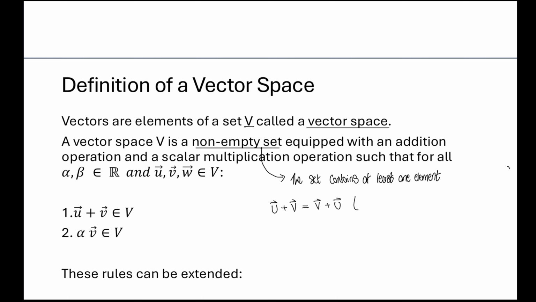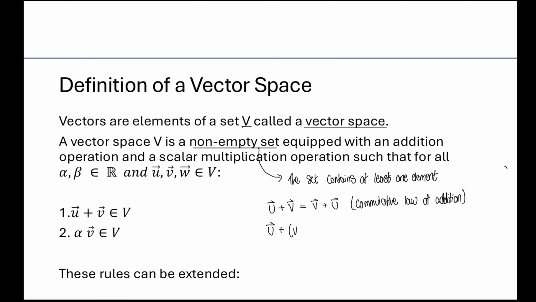So this rule is called the commutative law of addition. Another rule that we get is if we do the vector u added with the vector v plus w, that's the same as doing the vectors u plus v first, then adding w. So this is called the associative law for addition.